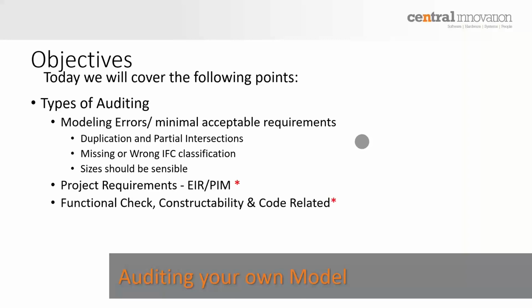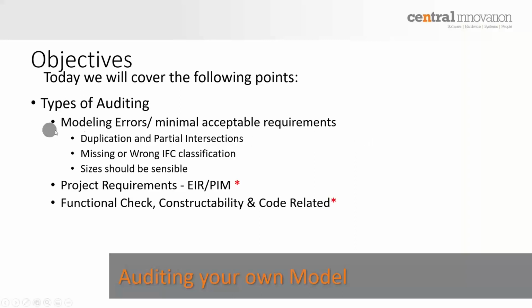Constructability, ensuring that the model is being put together in a way that actually can be built, and it won't cheat things like 4D or 5D for quantity and sequencing, and anything that could be code-related issues. So we're going to double check on those on future webinars.